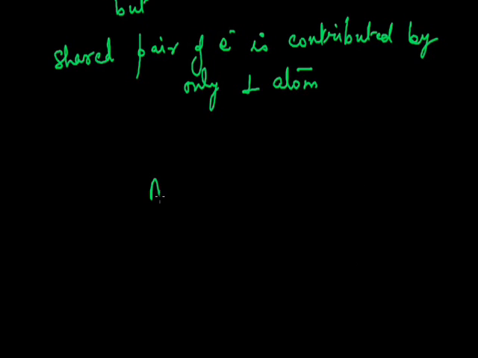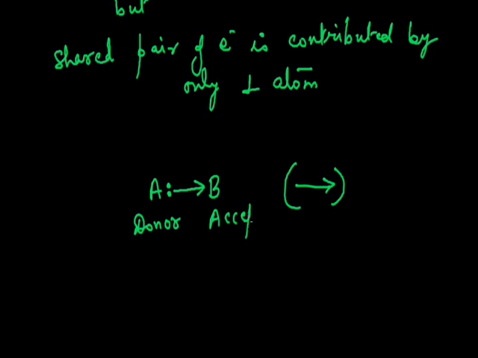Suppose A and B are undergoing coordinate bond formation, then the electron pair would be completely donated by one of the atoms, say A, to another atom, that is B. This type of bond is shown with the help of an arrow sign, directing from the donor atom to the acceptor atom.